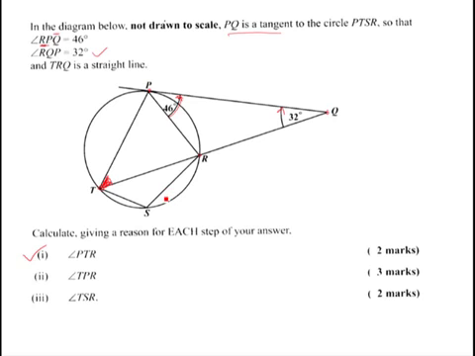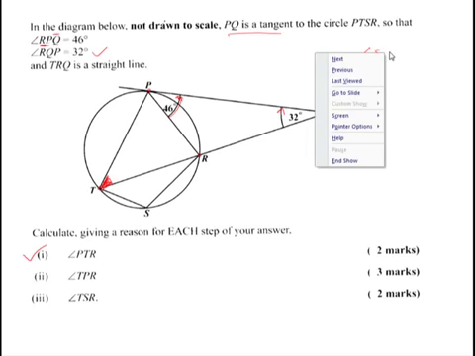Okay, so let's analyze what we have so far. What we do notice is that we have a cyclic quadrilateral, quadrilateral TSRP. All four vertices are on the circumference. It's a cyclic quadrilateral, so we know that opposite angles add up to 180.